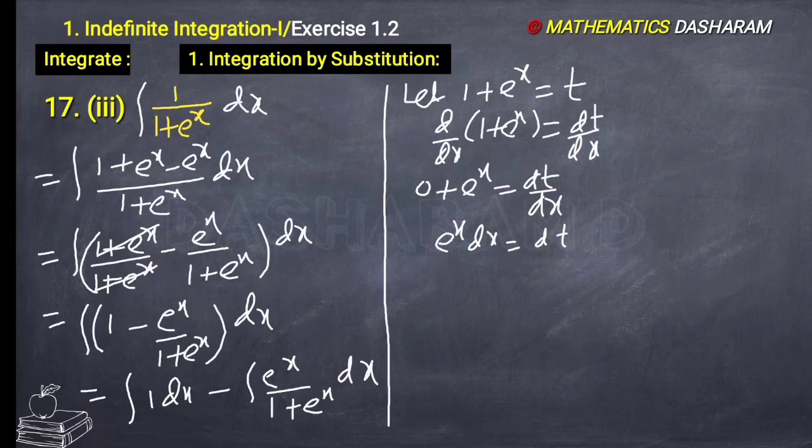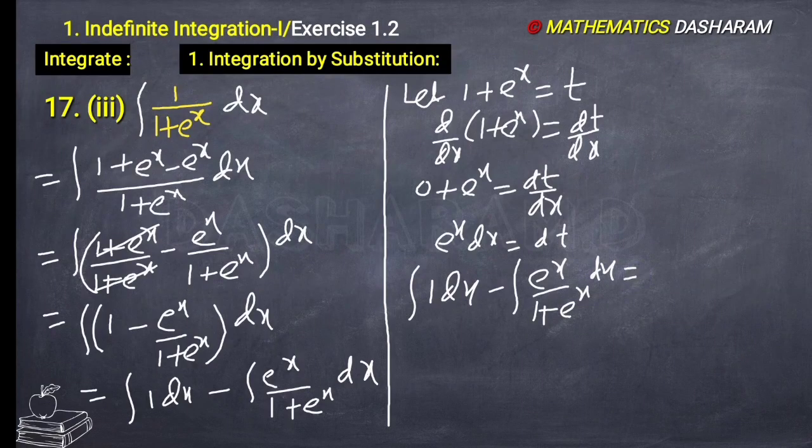So therefore the given question is simplified like this. Then integration 1 dx minus integration e power x by (1 plus e power x) dx equals 1 dx, which means just dx, and e power x dx is written as dt, and 1 plus e power x is t.